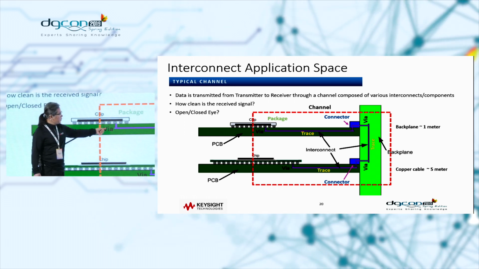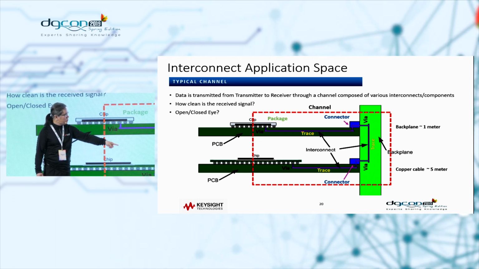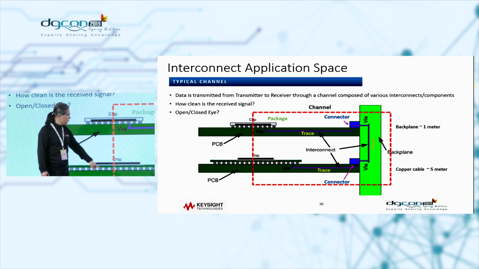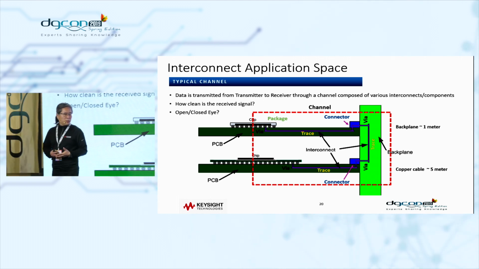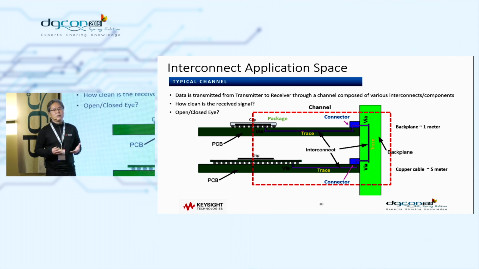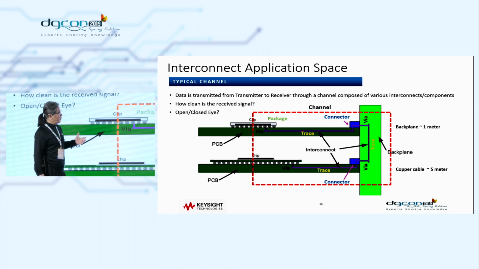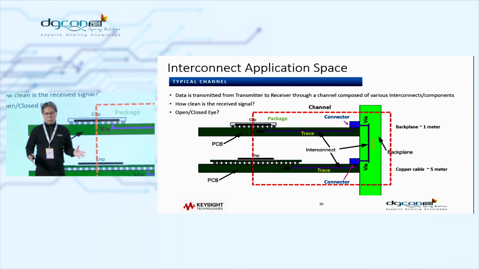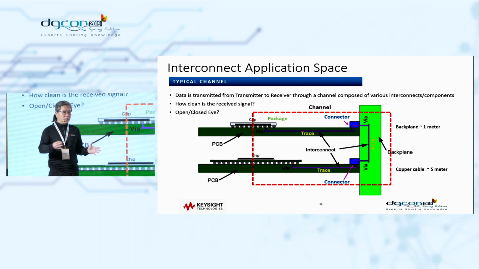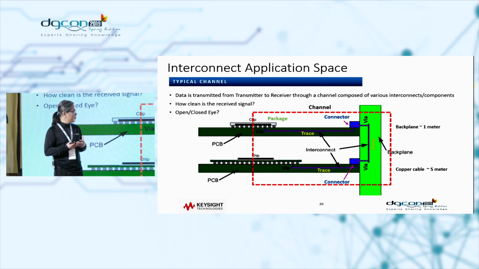As you can see, there are vias and traces and connectors and vias and traces and vias coming back to the other trace to this receiver. As you can see, there are a lot of transitions, a lot of interconnects. Probably I can say, based on my last 30 years of experience, that a trace is pretty stable in terms of carrying the transmission line of the signals.